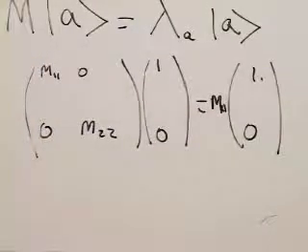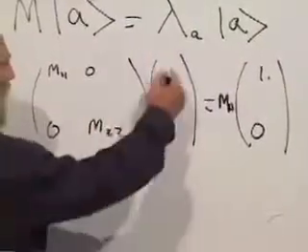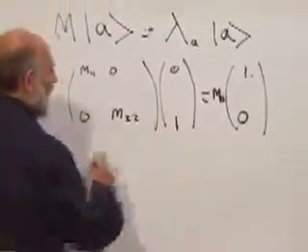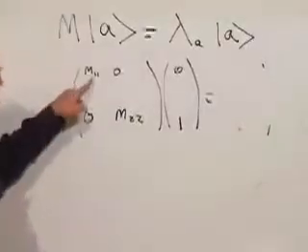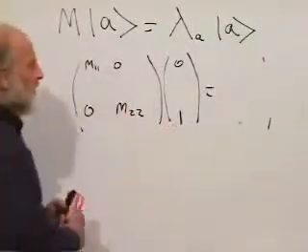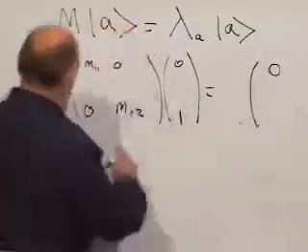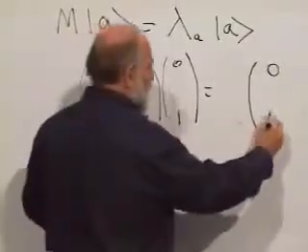There's another eigenvector, and the other eigenvector is to put a 0 here and a 1 here. Let's see what we get. In the top place, we get m11 times 0 plus 0 times 1, which is 0. And then we get 0 times 0 plus m22 times 1, m22.